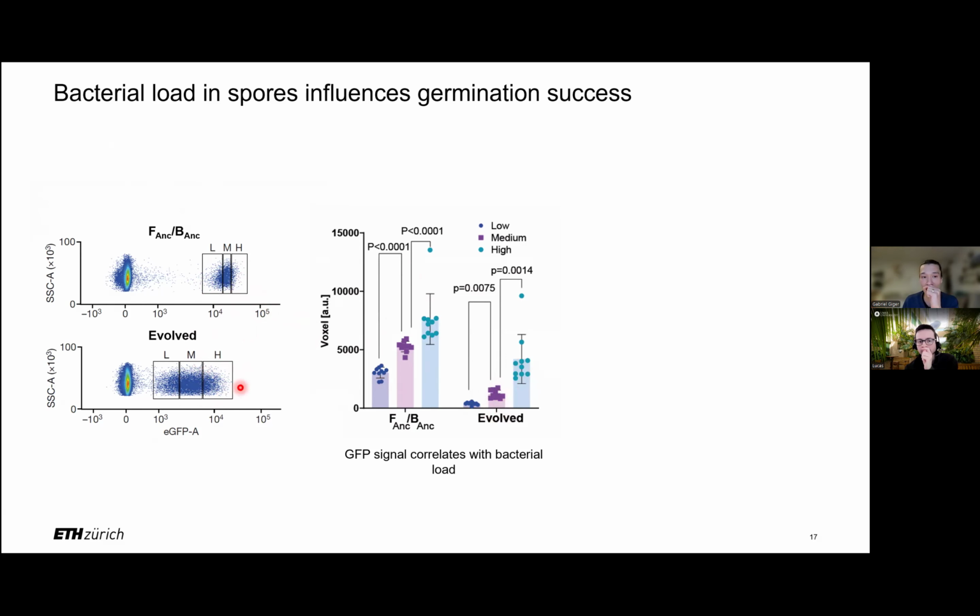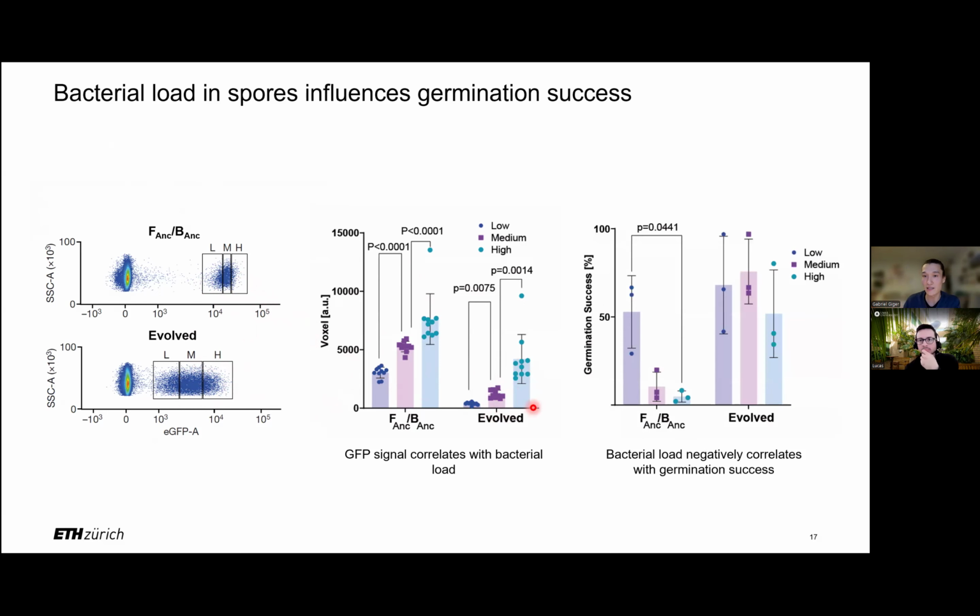And when we looked at the fitness influence this had on the spores, this correlated quite well. It seemed that if a spore had a lower amount of bacteria inside, it was better able to germinate. In the beginning of the evolution, there were already some spores that had fewer bacteria than others, and these were already better at germinating than the ones that had a lot.